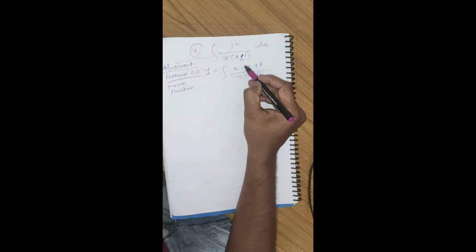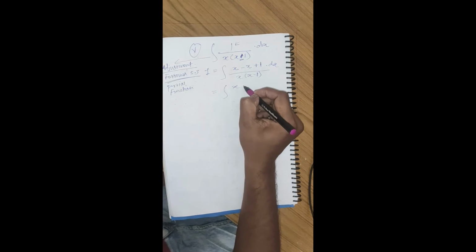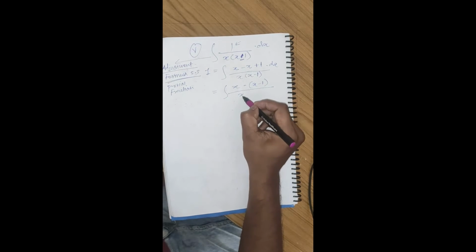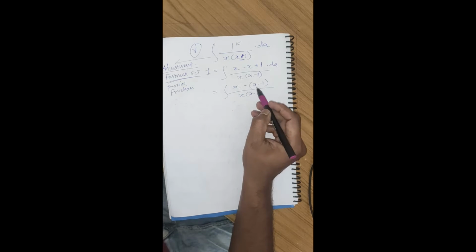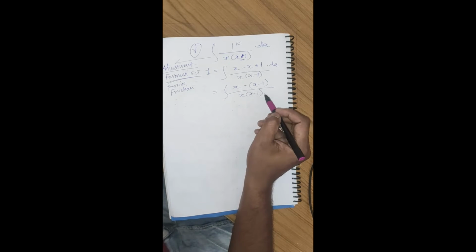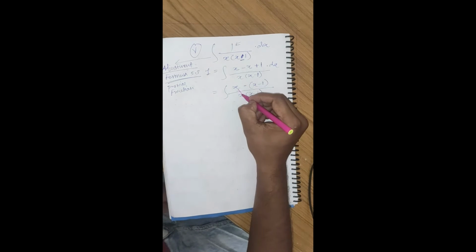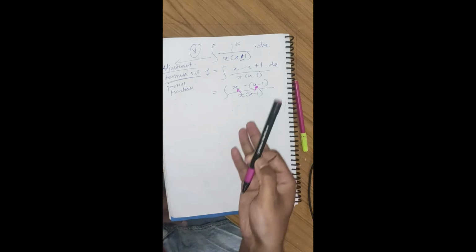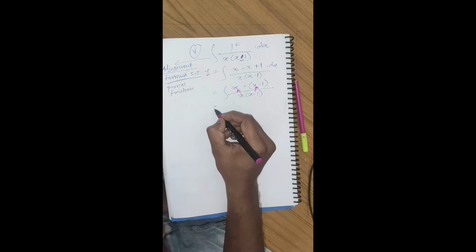Why should I do that? When I take this minus 1 common, it will make this x minus 1, divided by x in bracket x minus 1. So you can see that by this we can separate the denominator, both of them. I have adjusted these two over here so that they get cancelled and we can use the logarithmic formula to get an answer.